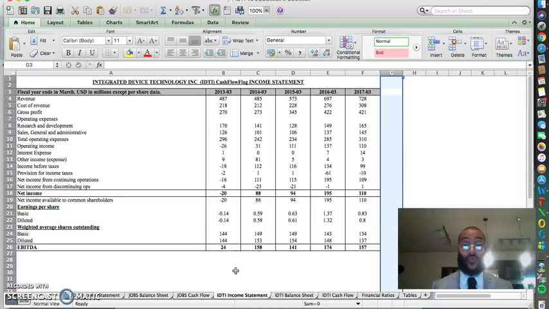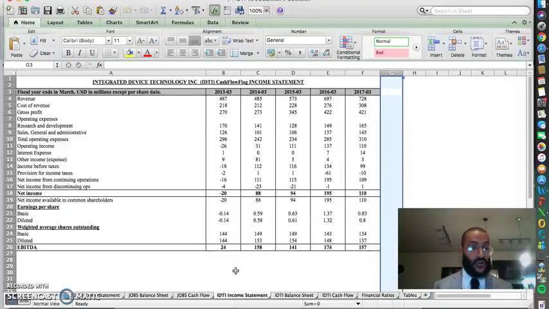Then it goes way up to 88 in 2014. 2015 was 94, and 2016 was 198, and then the last year of 2017 it went down to 110 net income.